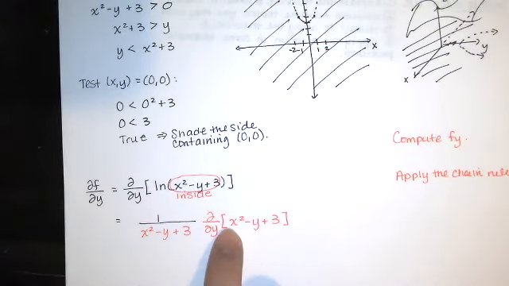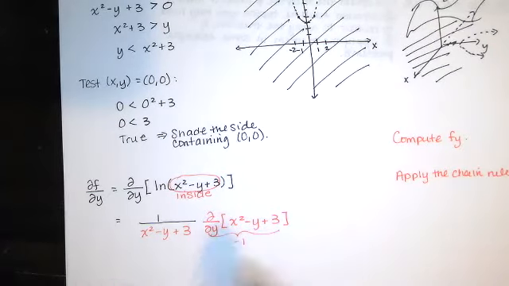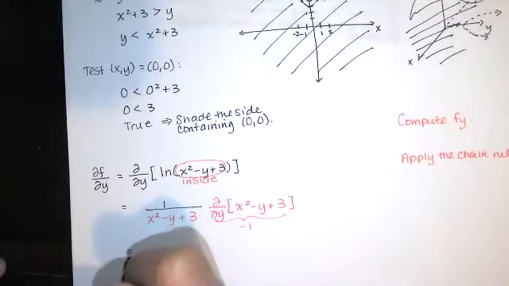So you just treat this like a 2 squared or a 16 squared. It's just a constant as far as you're concerned. And the derivative of a constant is 0. The derivative of negative y with respect to y is negative 1, and the derivative of a constant 3 is 0. So this piece is negative 1. So I've got this fraction times negative 1.